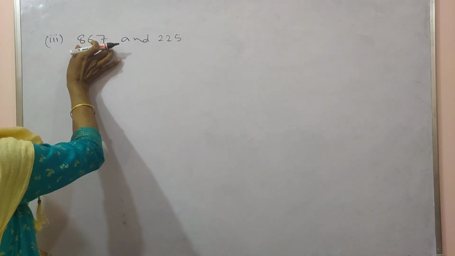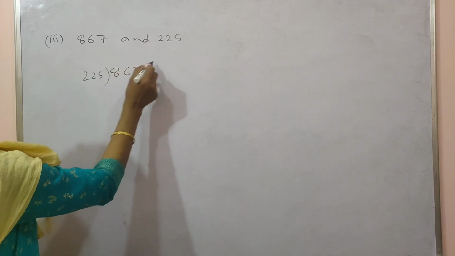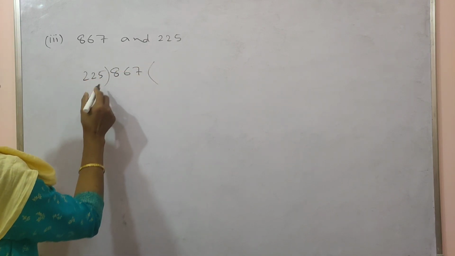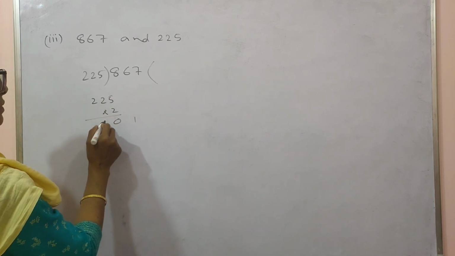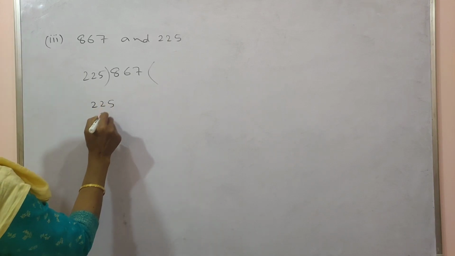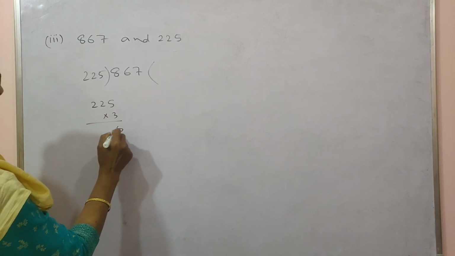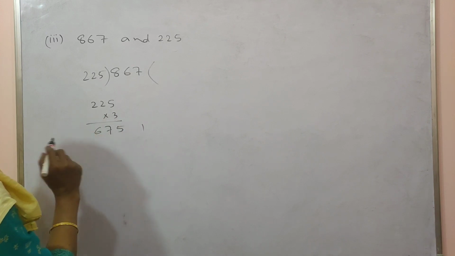Number 3: 867 and 225. So divide 867 by 225. How many times? Check 2 times: 5 twos are 10, 1 carry. 2 twos are 4 and 1 is 5, so 450. Check 3: 3 fives are 15, 1 carry. 3 twos are 6, 1 is 7, so 675.